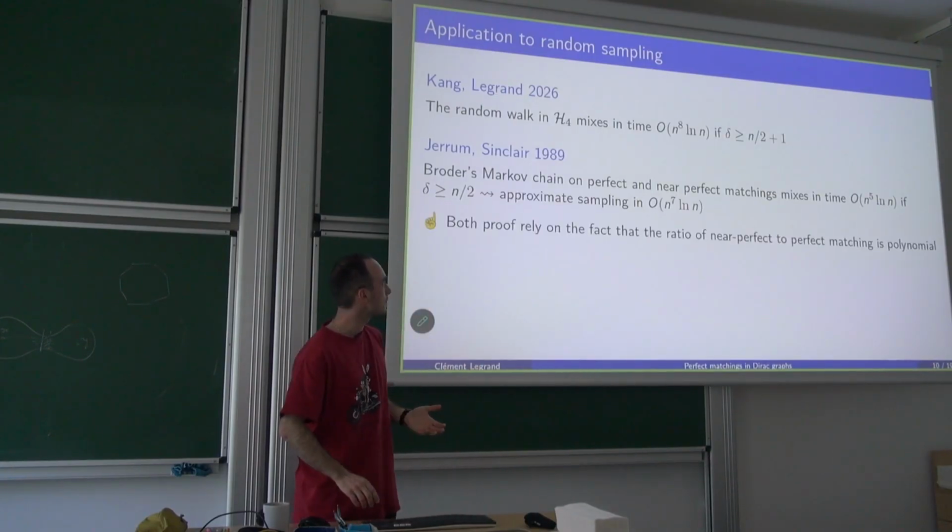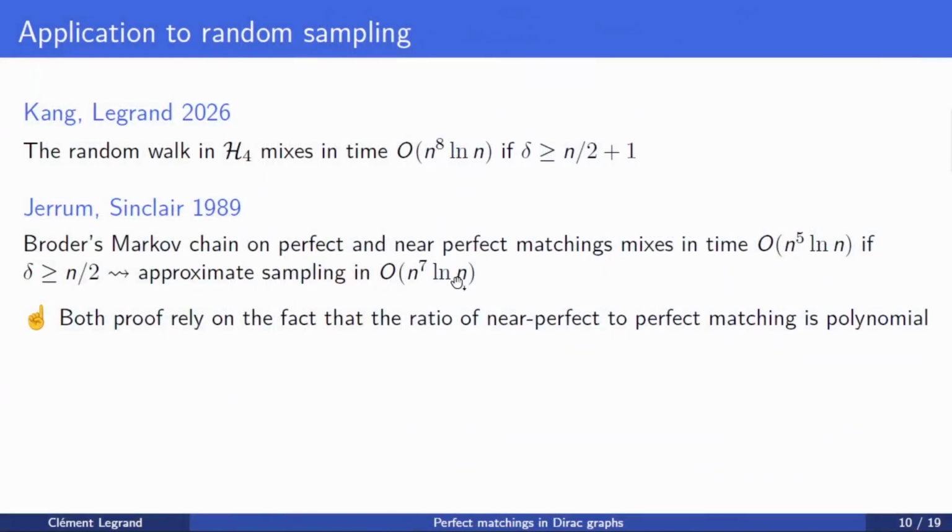But the thing is that if your minimum degree is large like this, the ratio of near perfect matchings to perfect matchings is polynomial. It's of order n squared. So what you can do is perform your random walk for this time, n to the 5 log n.